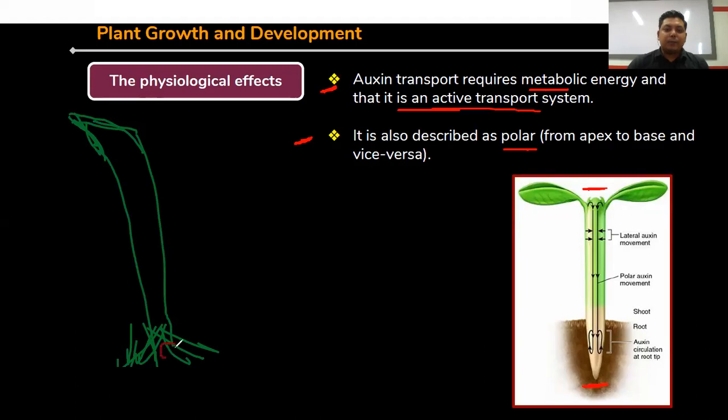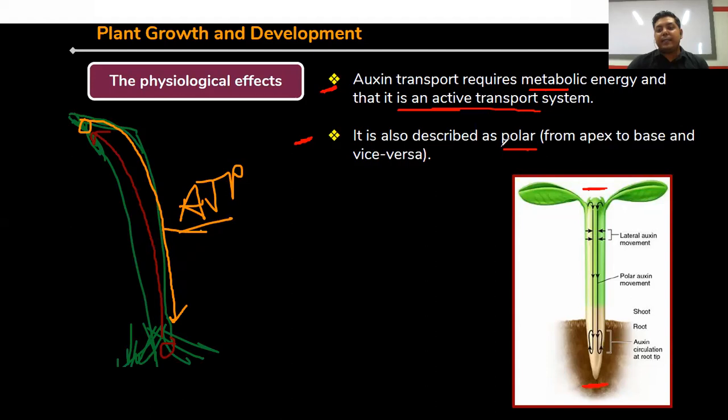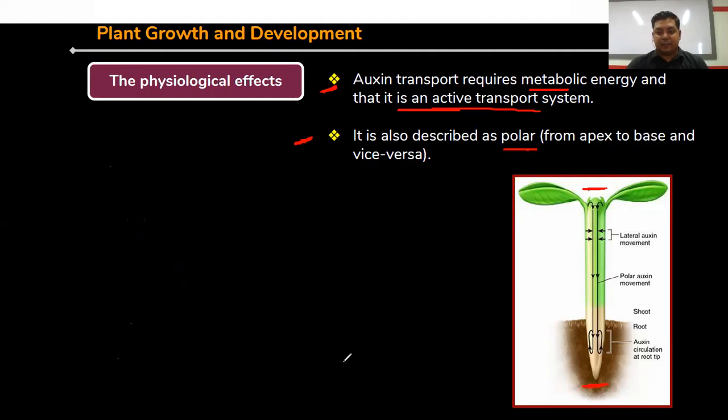Suppose auxin is produced here, and this auxin should be transported here for the growth of the apical portion of the plant. So that's why the active transport system is needed. Sometimes if the auxin is produced here, then for transportation from apex to base, the ATP molecule is also required. Clear? Because auxin is polar in nature.